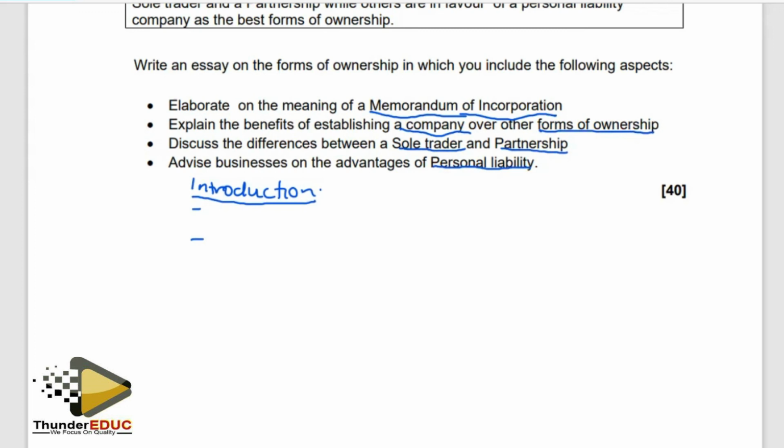After identifying these keywords, key concepts in the question, you are supposed to choose any 2 of the keywords so that you can introduce by defining them in simple words. For example, you can choose a memorandum of incorporation or a sole trader or a company.